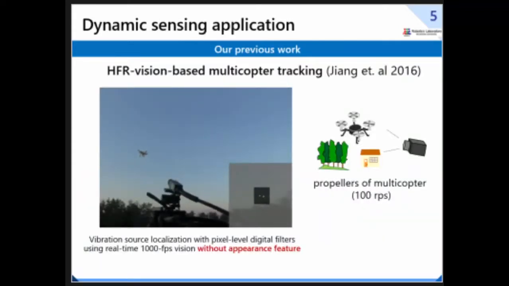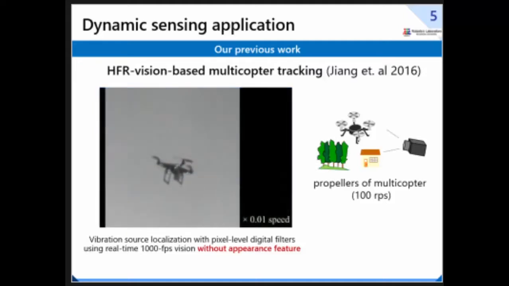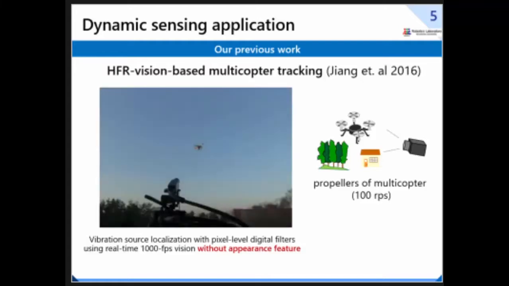To localize target objects vibrating at a certain frequency of hundreds of hertz without considering their appearances, vibration source localization methods have been developed by executing signal processing for brightness signals at all the pixels. This is our previous work in a dynamic sensing application using high-frame vision. High-frame vision can detect brightness change vibrating at hundreds of hertz.